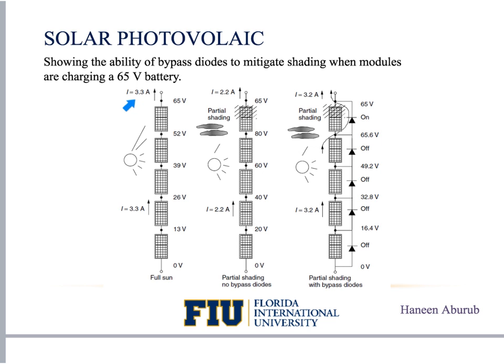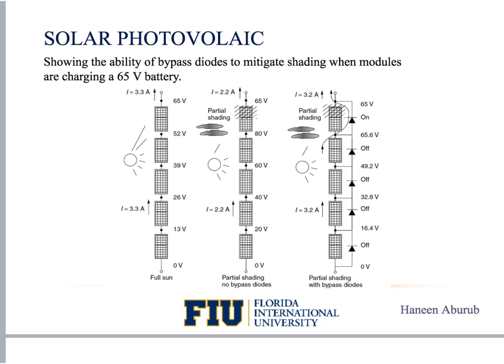Now the current without any shaded cell delivered to the battery is 3.3 amps, but with the partial shading and without the bypass diode, the current decreased to a significant value, which is 2.2 amps. But with the bypass diode, the current decreased only to 3.2 amps from 3.3 amps.